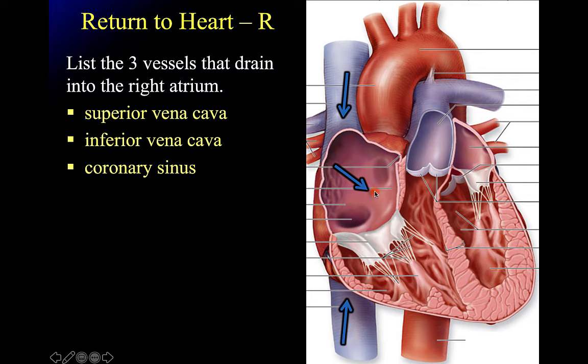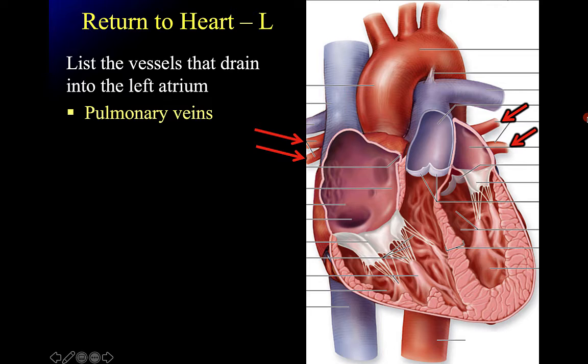And then this is the opening of the coronary sinus. We'd actually see this on the back side of the heart, and it's the end of the line for all the blood flow that has actually fed the muscle of the heart. So all of that blood, now low in oxygen, returns to this right atrium so that it can be pumped to the right ventricle and then pumped out to the lungs to pick up oxygen.